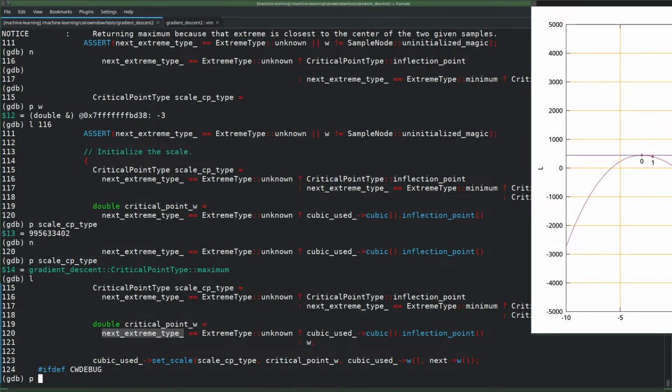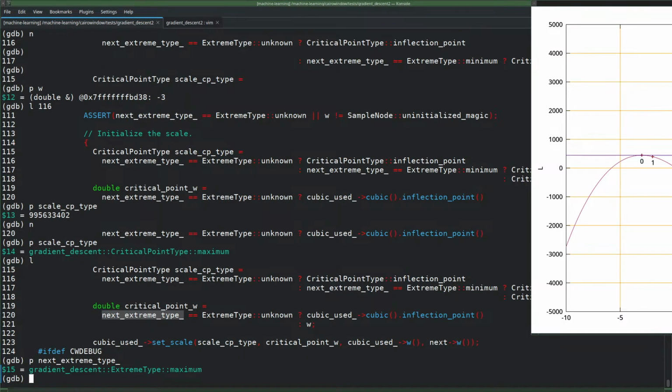This is still unknown, isn't it? No, already maximum. So, okay, critical point is set to -3 then.